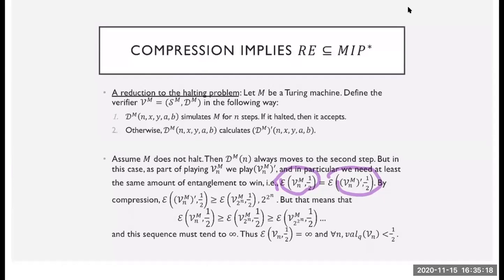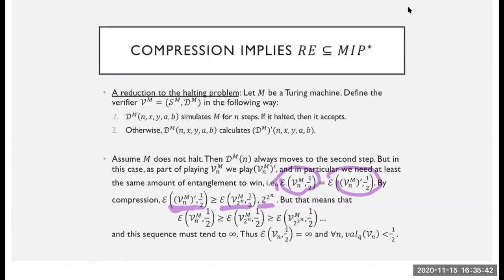So to win, we need at least the same amount of entanglement, because actually we play the simulated nth game, the compressed nth game. Okay, but what does it mean? It means that we know by compression that the simulated nth game needs at least as much entanglement as the 2 to the n game, or 2 to the 2 to the n, whatever is larger.